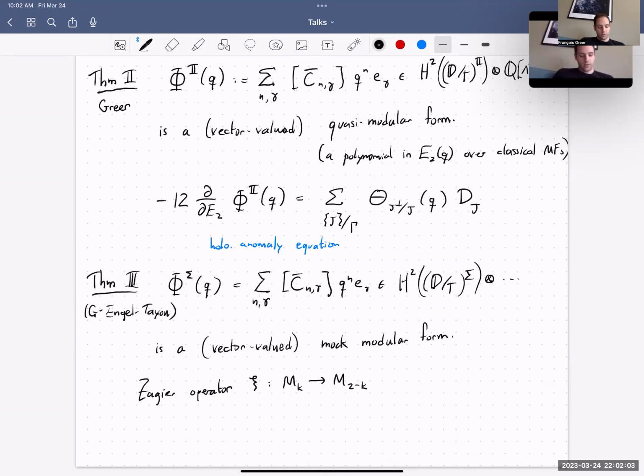And so if you apply this operator to our power series, we have a formula for what this is in terms of the rays of the fan. So maybe I won't write the formula right now because I don't know if it's so useful, but just let me say that there's an analogous formula for what happens when you apply this kind of lowering operator of Zagier to the power series.